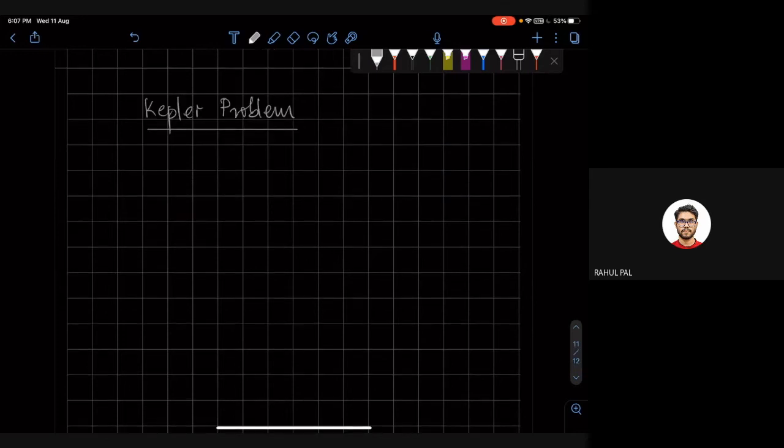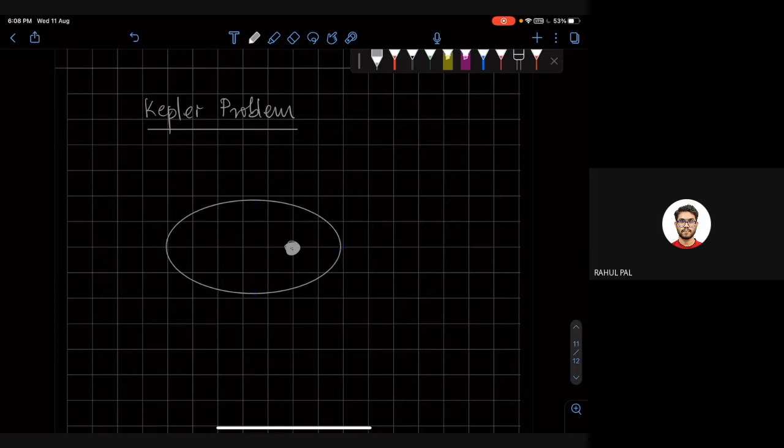Very famous is Kepler's law. Kepler was the first person to figure out that if you have a very heavy astronomical object, say the sun here, and this is an empirical law, and there's a planet which goes around, the most general orbit of the planet is going to be an ellipse.